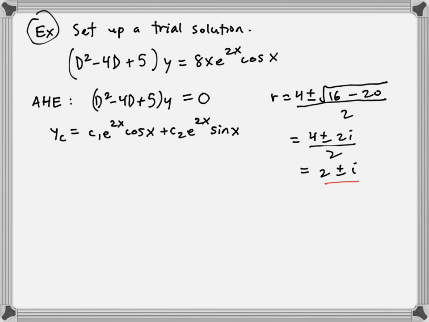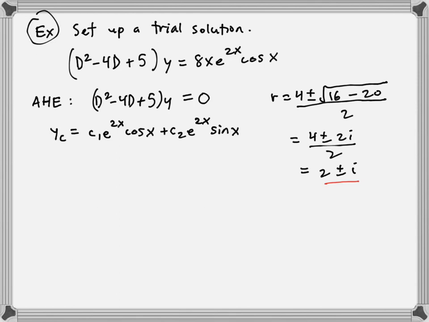Now what? Now we need to figure out what the annihilator for the right side is. Don't let that x confuse you. If you were to cover up that x, we have e to the 2x cosine x. Doesn't that look familiar? That's exactly what we have in those other terms, e to the 2x cos x and e to the 2x sine x.